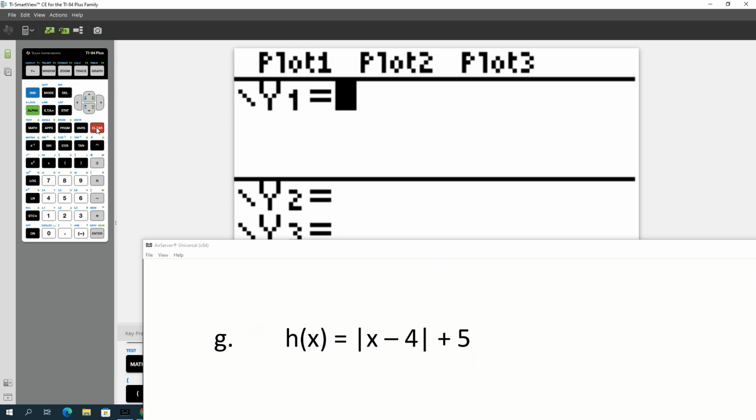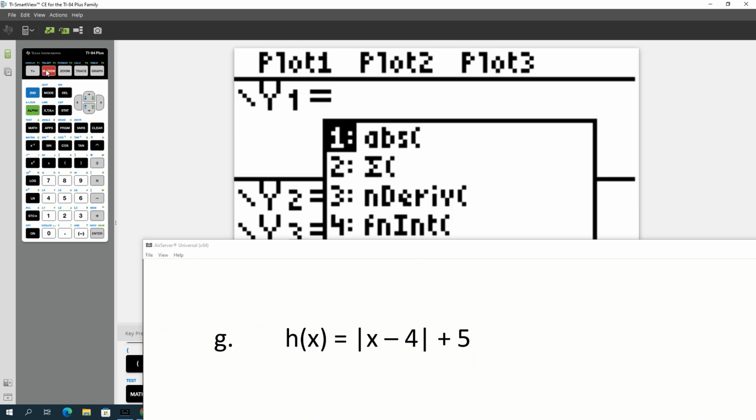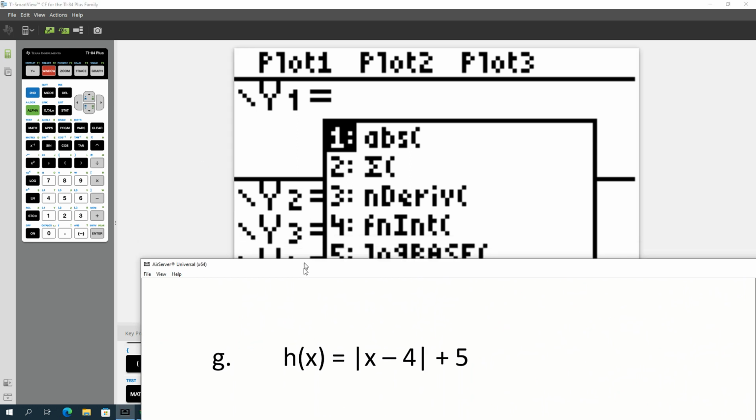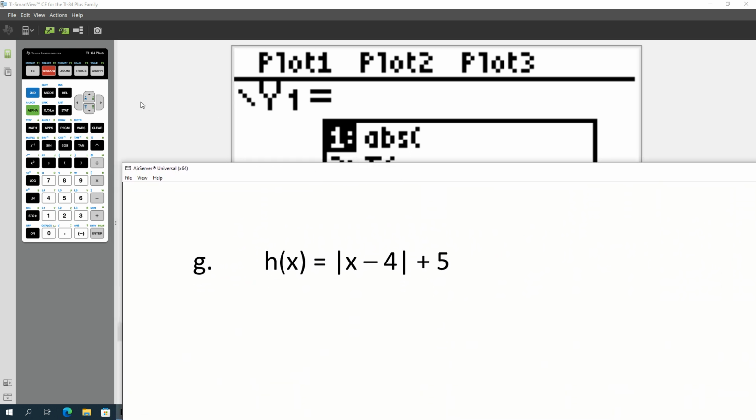So when you need to get absolute value, you're going to hit alpha window, and it's number 1. So alpha window is a place where there's several things that we've used this year: absolute value, summation, log base. So absolute value is second window, number 1.